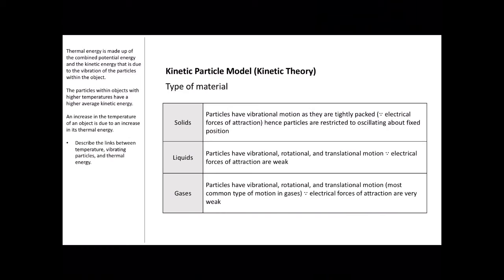This is because the electrical forces of attraction are very weak in gases, so particles are whizzing around all they like. Particularly they're whizzing around with translational motion from moving from one place to the next, because there just is so much freedom in a gas.